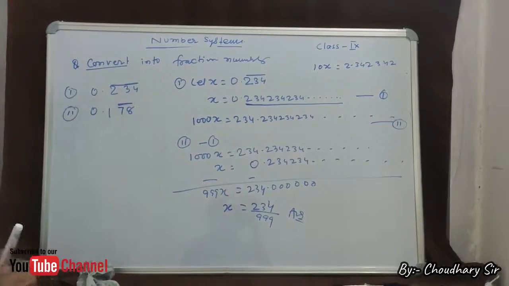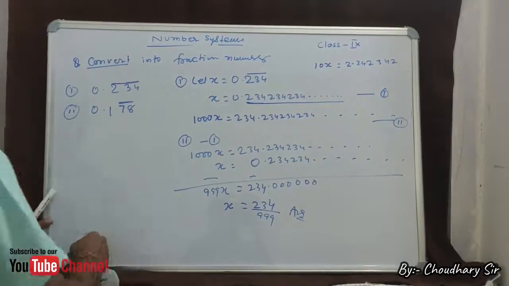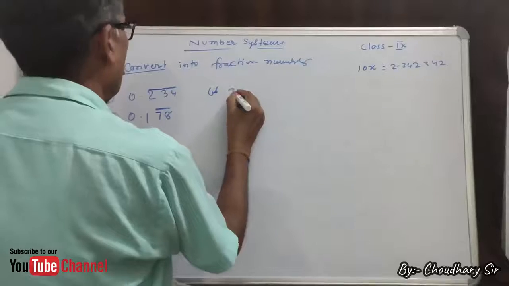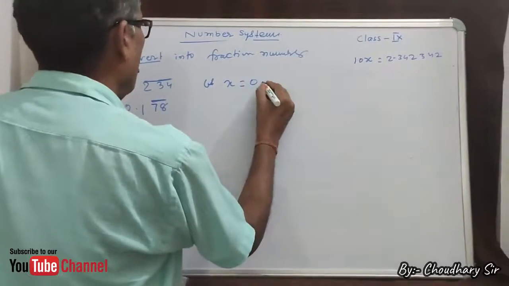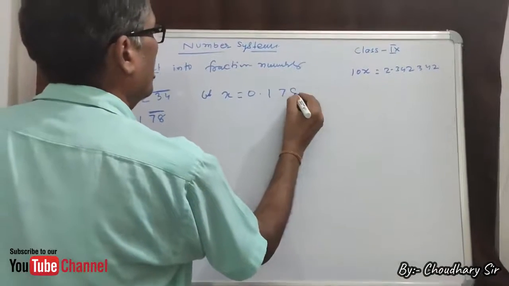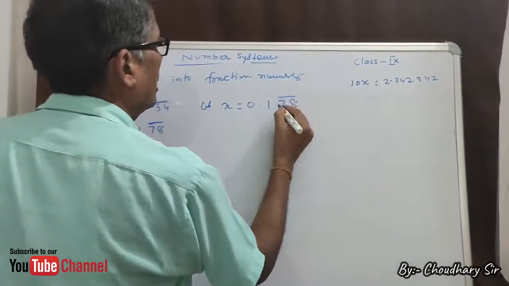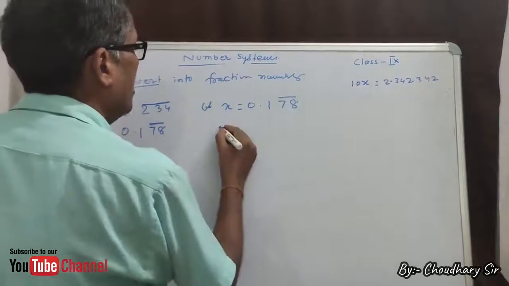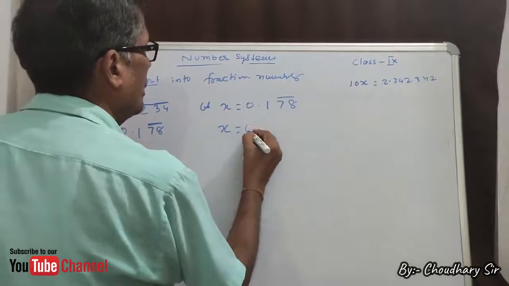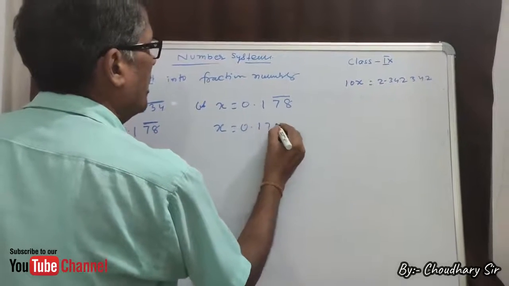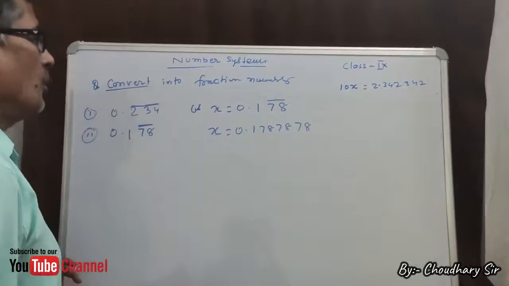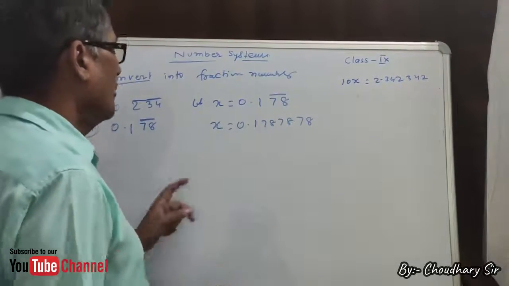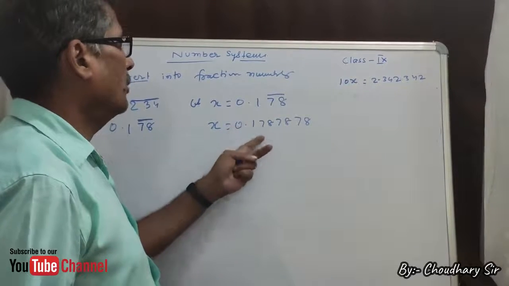Similarly, come to the second type of question. x is equal to 0.178, recurring 7 and 8. So this can be written as x equals 0.1787878. Now what do we multiply by, 10 or 100 or 1000?